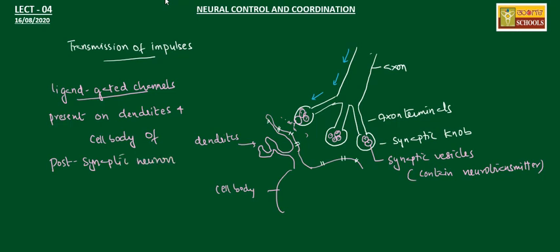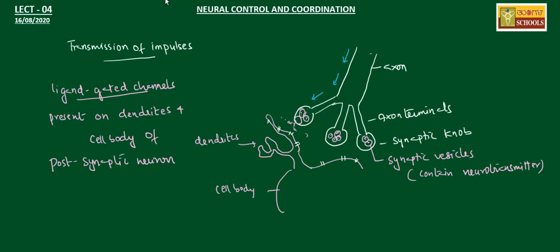When the neurotransmitter comes and attaches to these ligand gated channels, they open. That makes the sodium ions enter, and they depolarize the postsynaptic neuron.